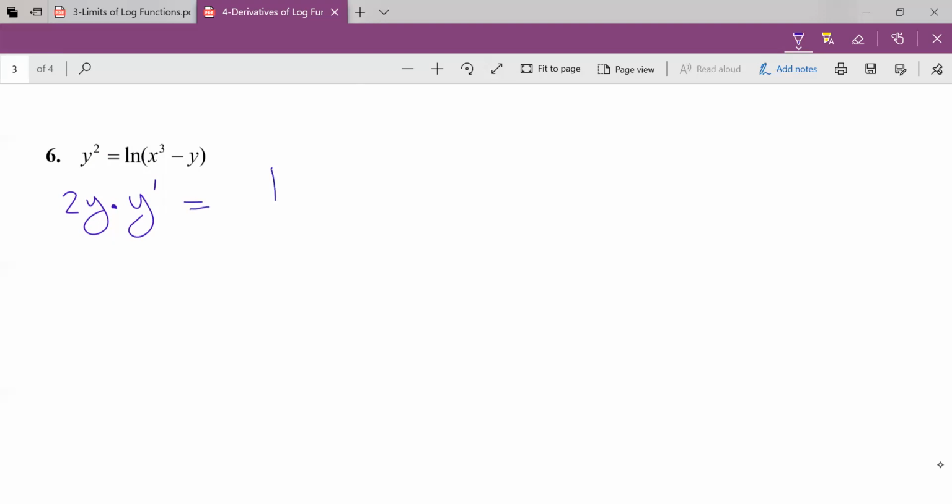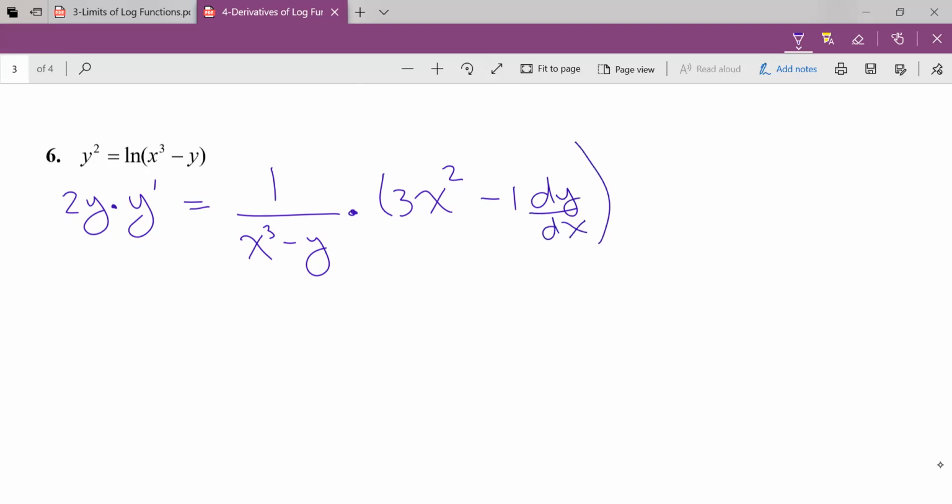So the derivative of a natural log is 1 over the inside function times the derivative of the inside function. That's the chain rule right there. So 3x squared, and the derivative of y is 1. But what I'll see a lot of people write is just that. But wait. This is implicit differentiation. So it's not just 1, it's negative 1 dy dx, like that.